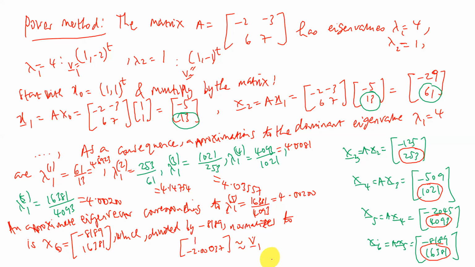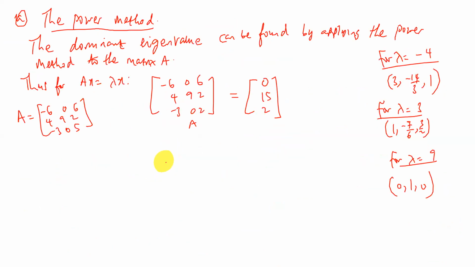If it's normalized to that, it gives us exactly the first vector associated with lambda equals 4, which is the dominant eigenvalue. So we do this in our case. Our matrices are a little bit larger, but we need to understand the algorithm called the power method.